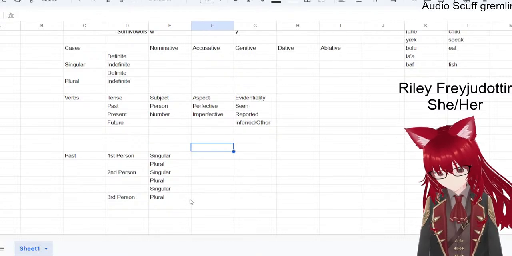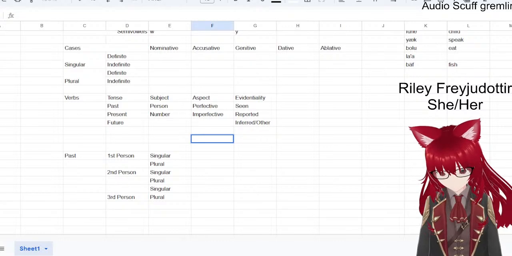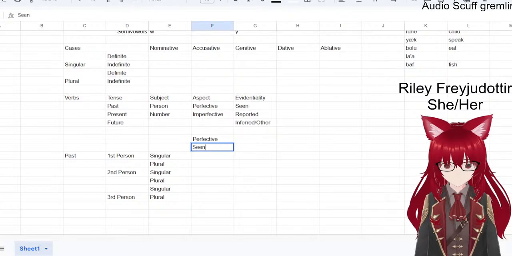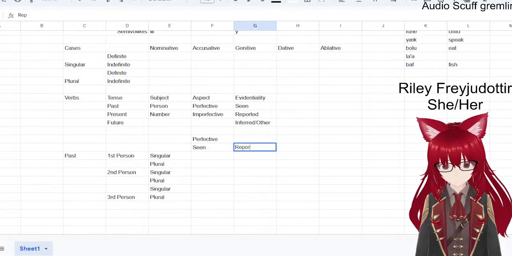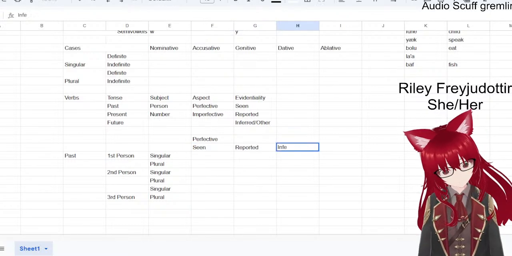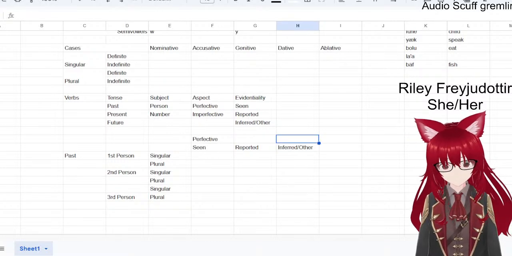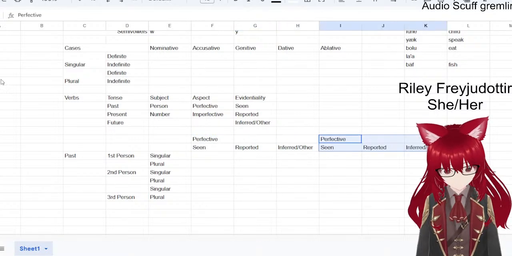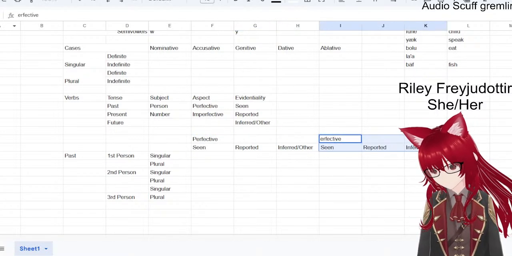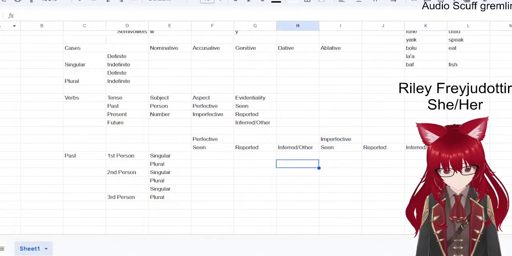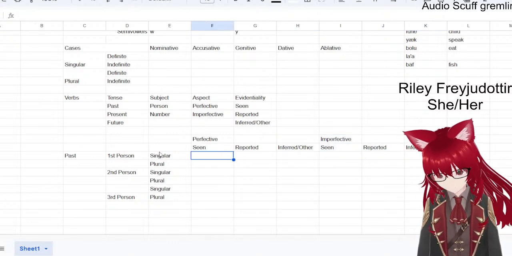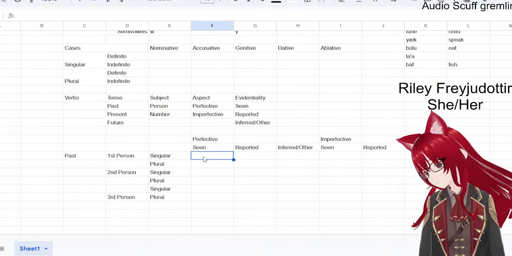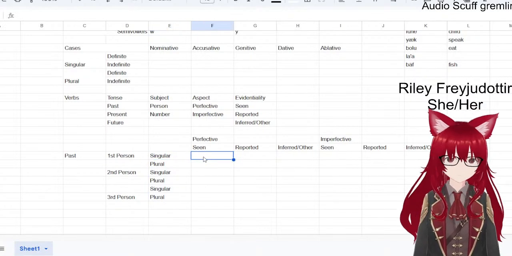Aspect, so that's 6, and 36 times 3 is, yes, 108.